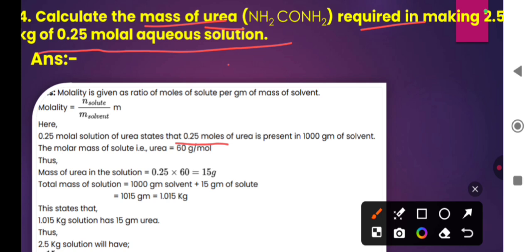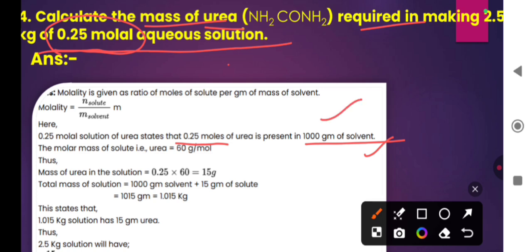How many moles are present? 0.25 moles of urea in 1000 gram of solvent. Why is it not taken in solution? Because it is given as 0.25 molal, and molal means you have made this solution in pure solvent. And how much solvent have you taken, 1000 gram.